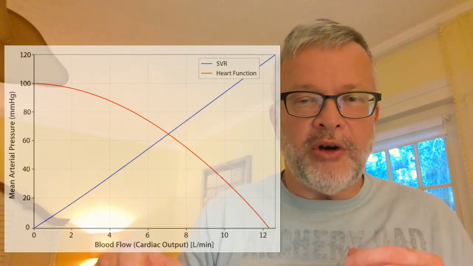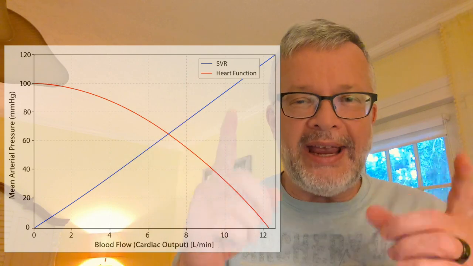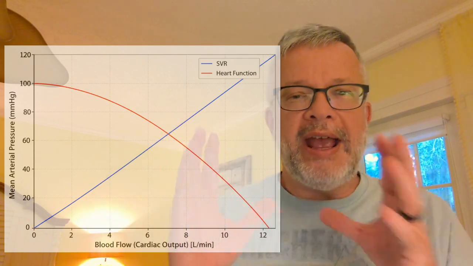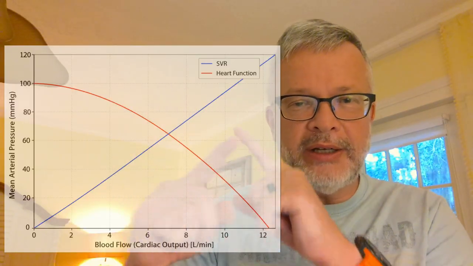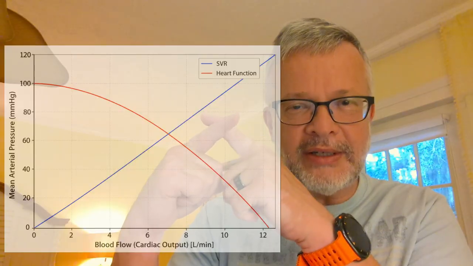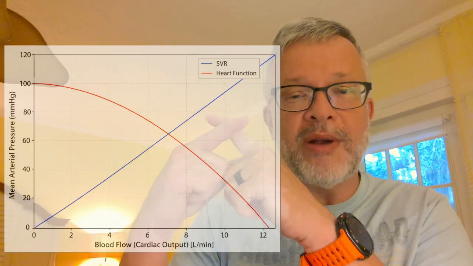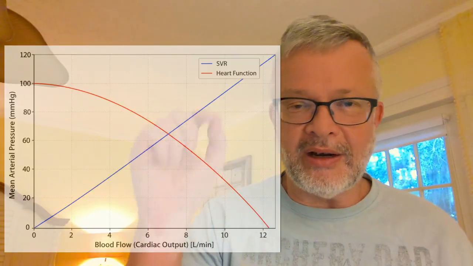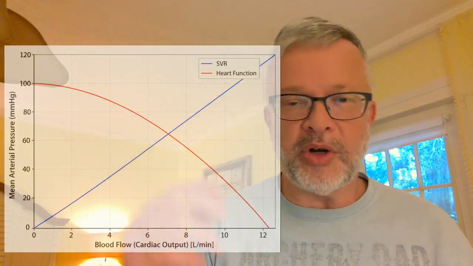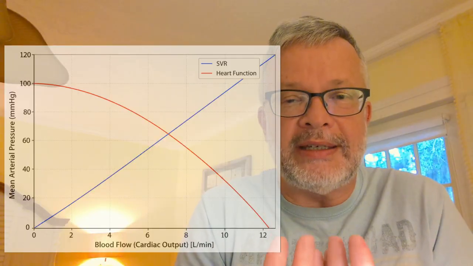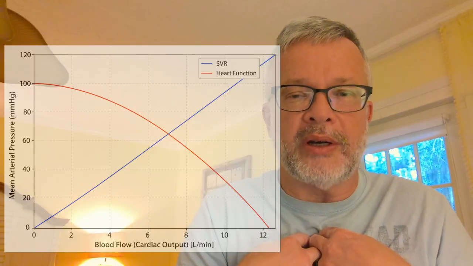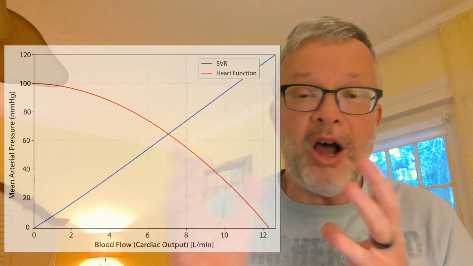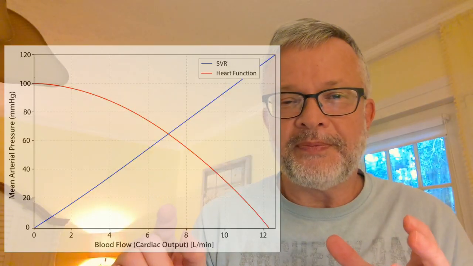So the combination of cardiac output and blood pressure has to be on those two lines together. So the intersection represents the cardiac output and blood pressure pair that is actually present inside our cardiovascular system. It cannot be in any other place.